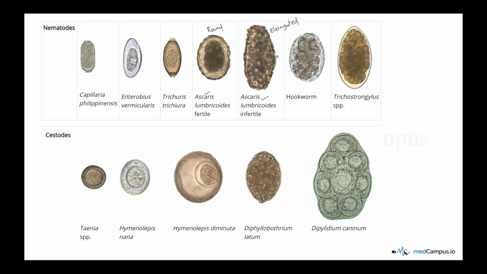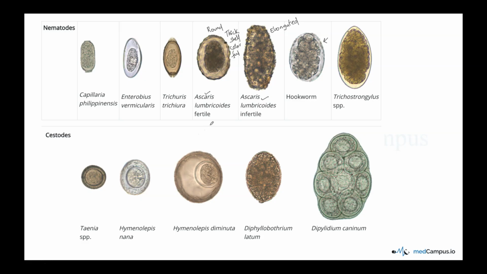But both of these are differentiated from hookworm with the help of a thick shell. The shell is very thick here, and these are also colored, not colorless. So though you might confuse Ascaris and hookworm, the color helps you in differentiating these two.